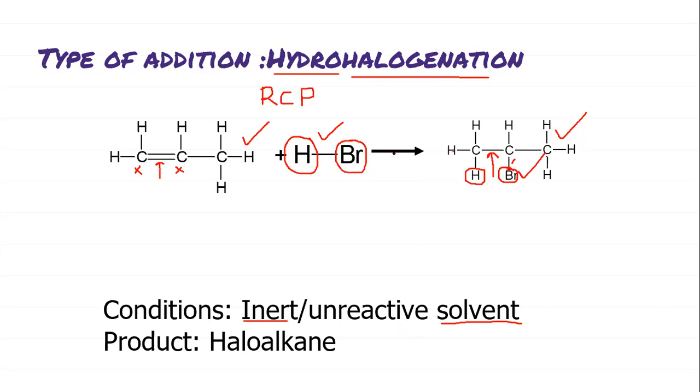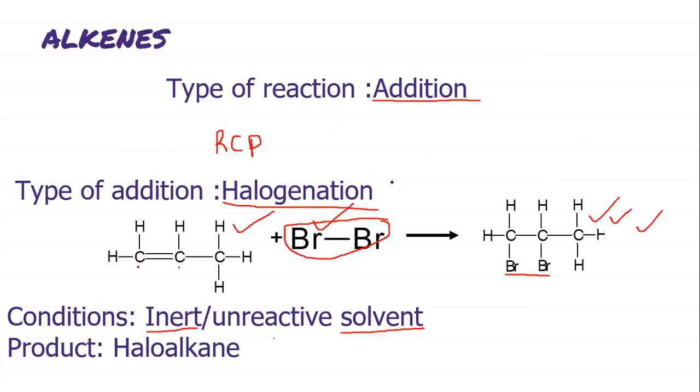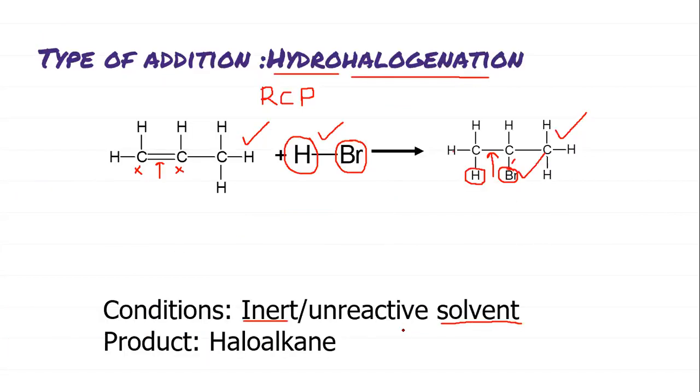We are going to put our conditions on top or just beneath the arrow. And if I go back to the previous slide, can you see this is also halogenation, and I required an inert solvent. So that tells me that anything that has to do with halogenation somehow, I require my reaction conditions to be an inert solvent.